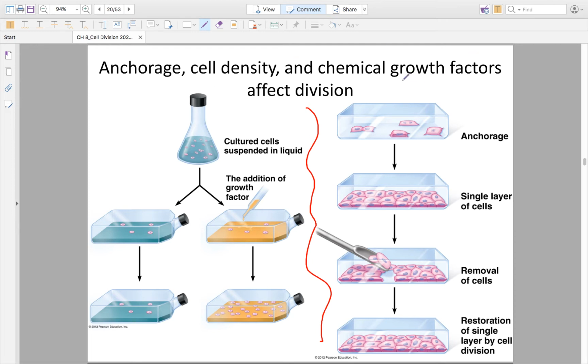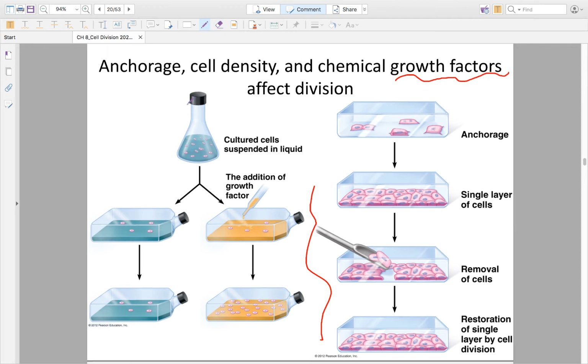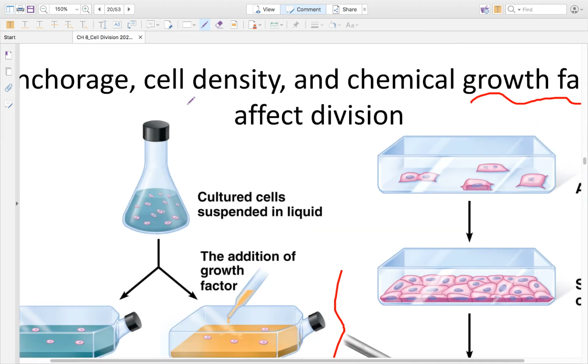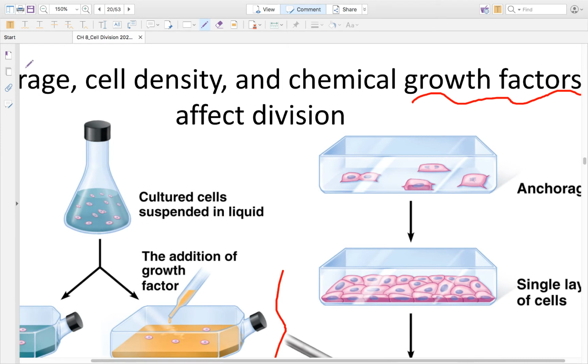Okay, and we've already talked a little bit about growth factor. So let's look at both sides to begin. If you take cells and you suspend them, you put them in liquid.